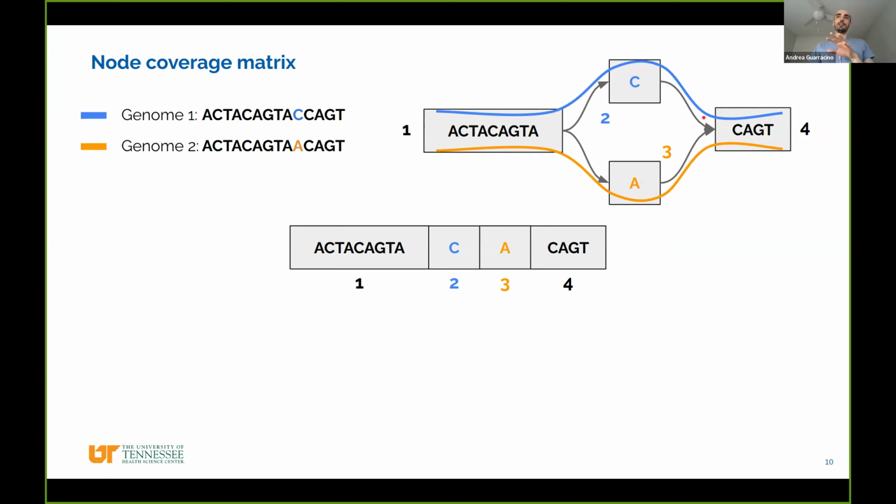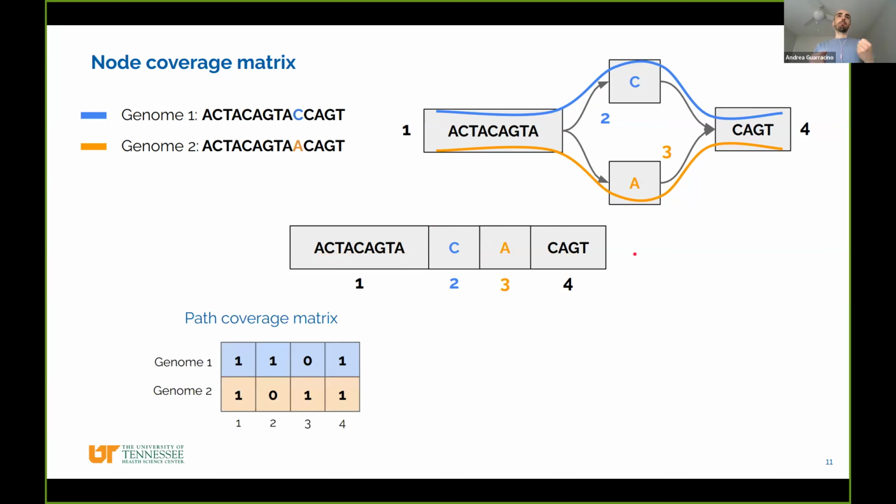So if we take this graph, with all 4 nodes, and put the nodes in 1 dimension, we can build a path coverage matrix. This matrix has a row for each sequence and a column for each node. The values indicate how many times, for example, genome 1 goes through node 1, how many times genome 1 goes through node 2, and so on.